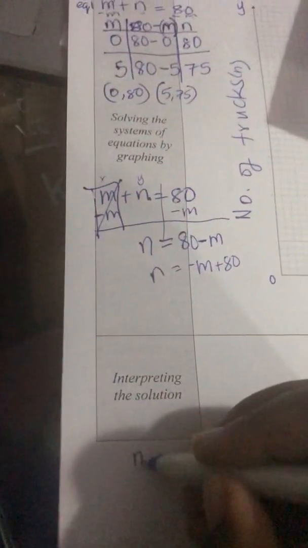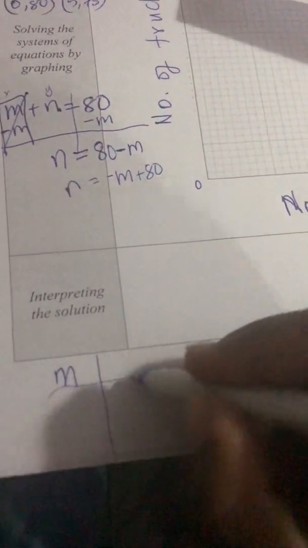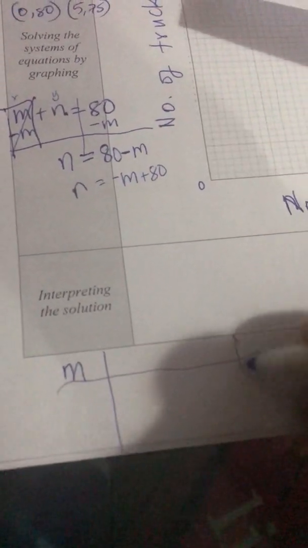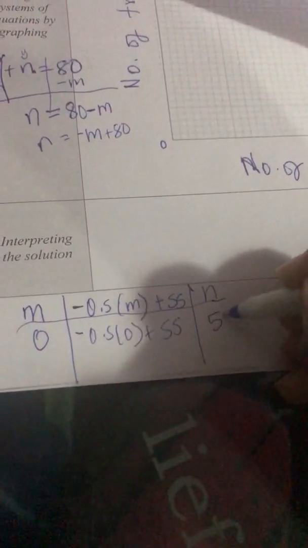So I have M, and then my work is in the center, and then N. And what is my equation? Negative 0.5M plus 55. So when M is 0, negative 0.5 bracket 0 plus 55, that gives me 55.